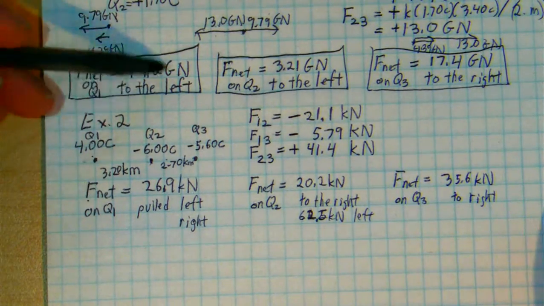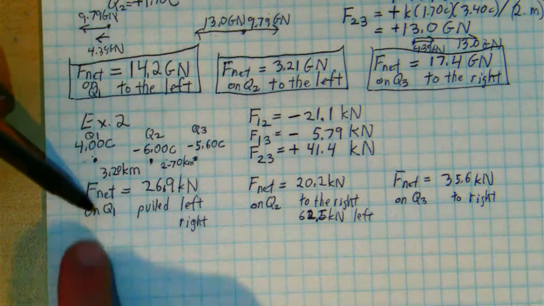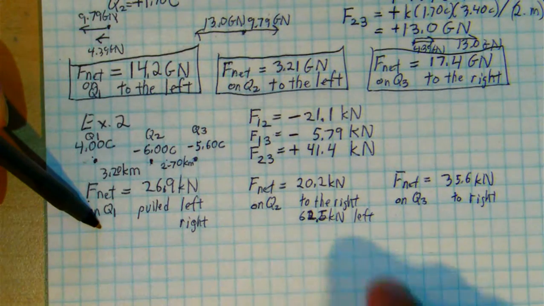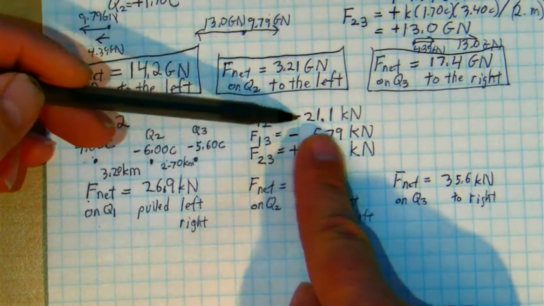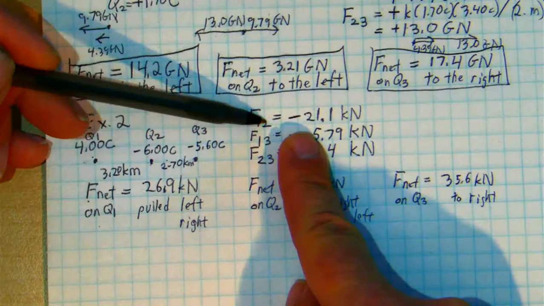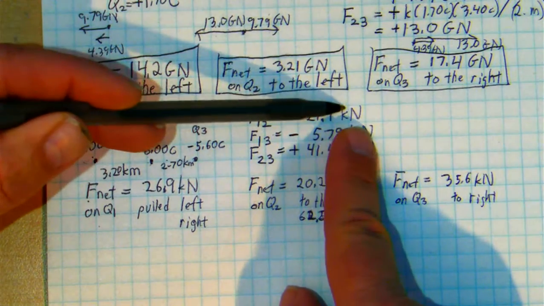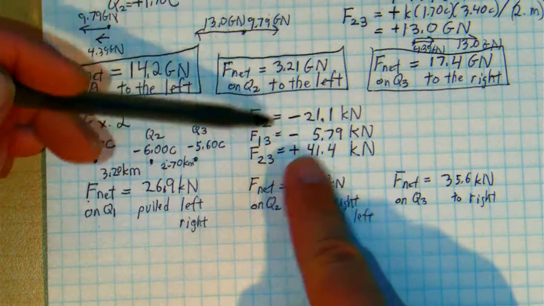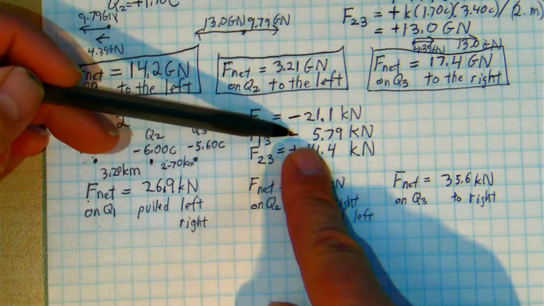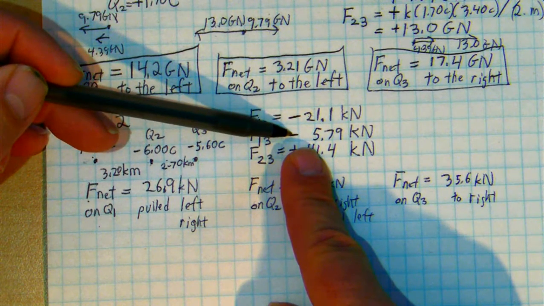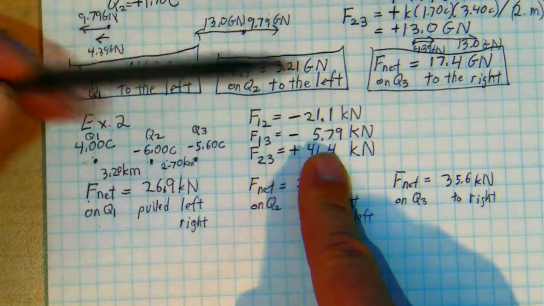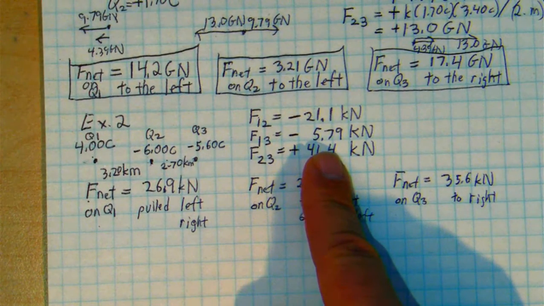For the net force on Q1, I see that Q2 is pulling Q1 to the right with a magnitude of 21.1 kilonewtons. Meanwhile, Q3 is also pulling Q1 to the right with a value of 5.79 kilonewtons.